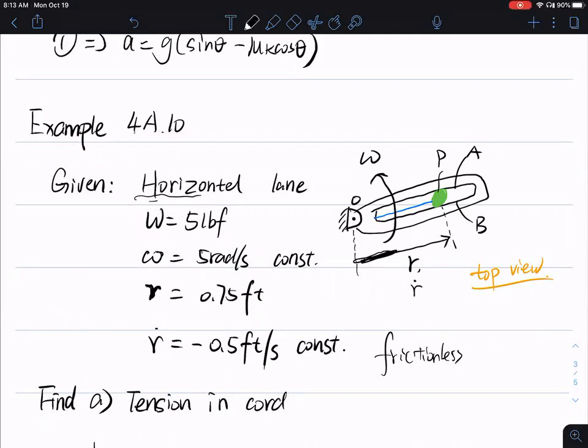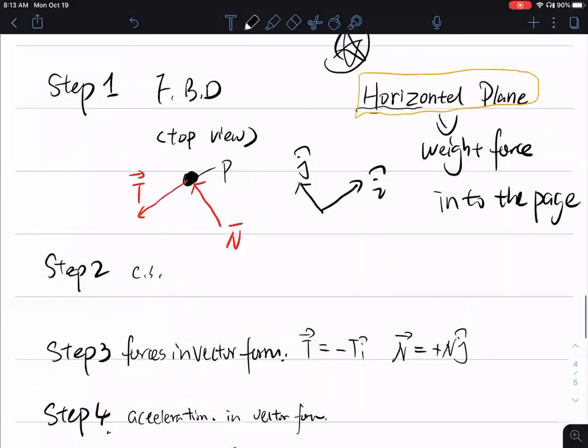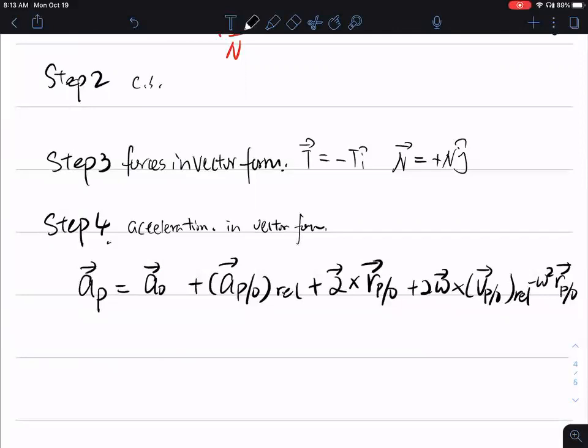So the relative position, relative speed, and relative acceleration of P with respect to O are different, right? It's not a point fixed on the rigid body, it's a point moving inside of the rigid body. That's why we can apply this equation. That's from chapter 3. If you don't remember this, you can make a note. This is a chapter 3 equation.